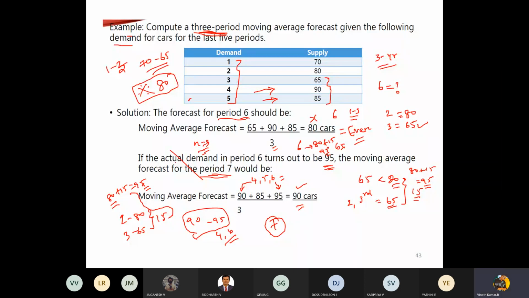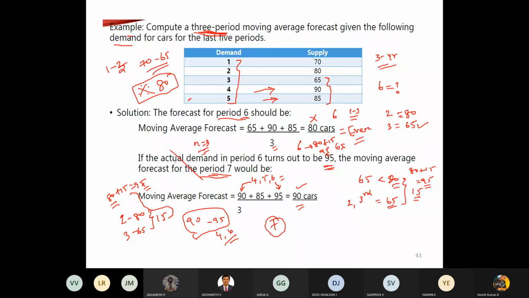Take down this problem also, or just take a snap of this slide; no need to write here. Determine the forecast for periods 7 and 8.